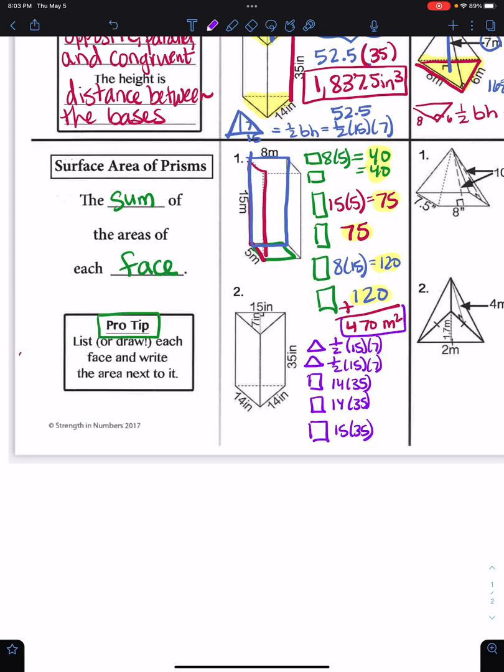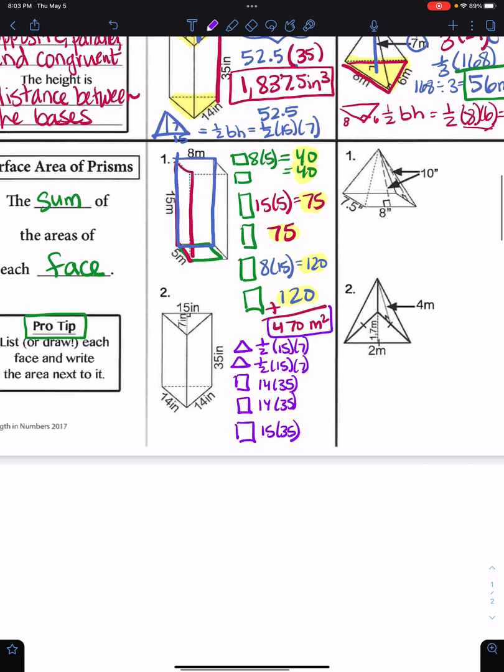So 15 times 7 is 105, divided by 2 is 52.5. So this is going to be a squeeze here, 52.5, 52.5. And then 14 times 35 is 490. There are 2 of those.